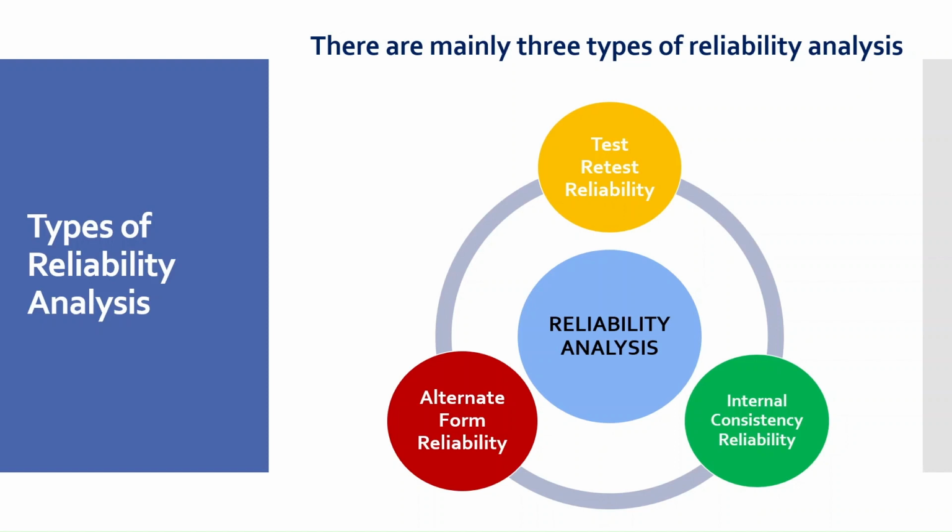Whereas internal consistency analysis is mostly preferred and is also known as the Cronbach alpha test of reliability. This test is the simplest measure of internal consistency of a construct or a questionnaire.